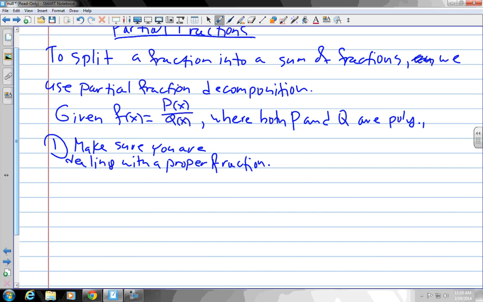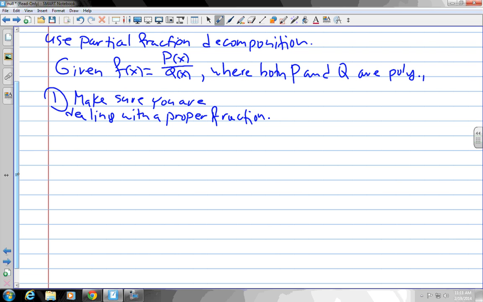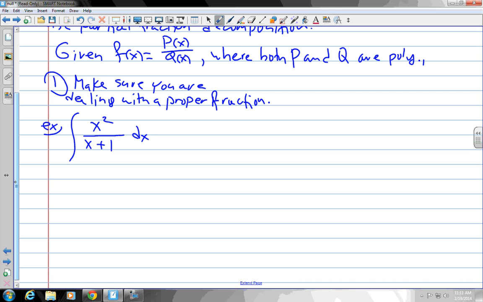If it's not, divide, like you saw me do. And sometimes you can even cheat a little bit. I have this example written here. For example, given this problem, x squared over x plus 1 dx. This is an improper fraction. So I can divide the two, or I can cheat a little bit.